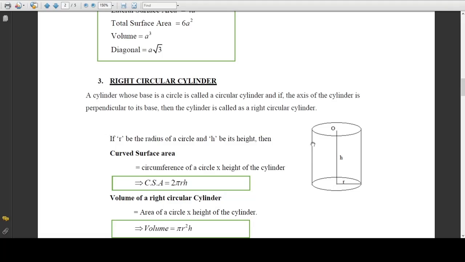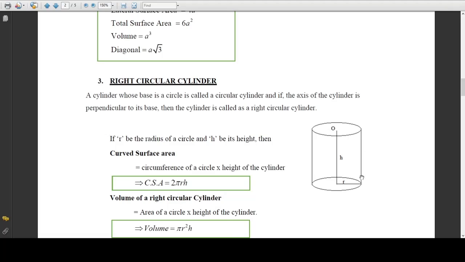Now the curved surface area of this cylinder will be the circumference of this circle multiplied by h. What is the circumference of a circle? It is 2 pi r, so the curved surface area of this cylinder will be 2 pi r multiplied by h. And the volume will be the area of this same circle multiplied by h, which is pi r square, the area of the circle, multiplied by h.